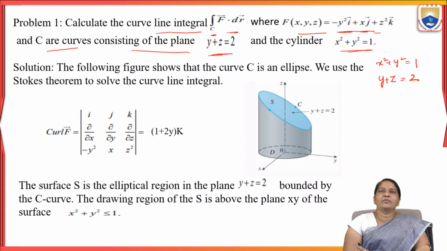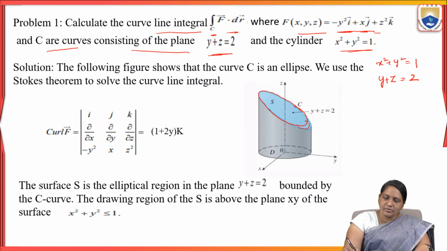These two we use to find the limits for the function to integrate along the path or the surface integral. You can see the figure here. Here C is an ellipse. We can observe that this is in the shape of an ellipse.